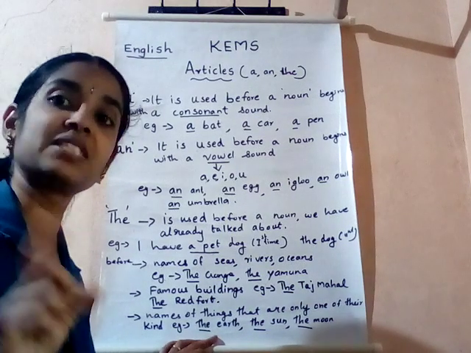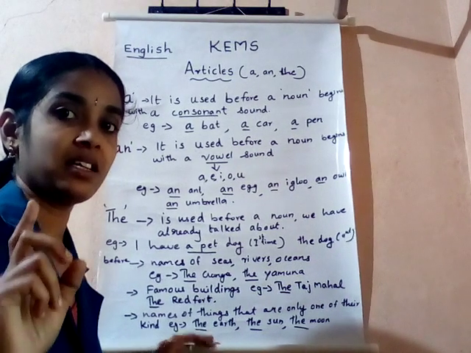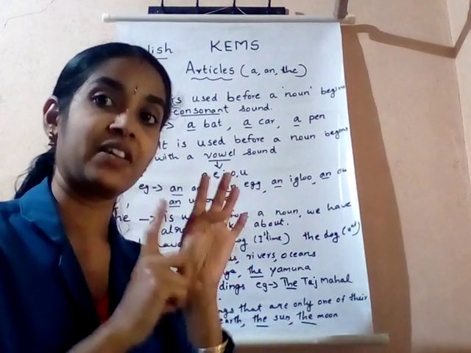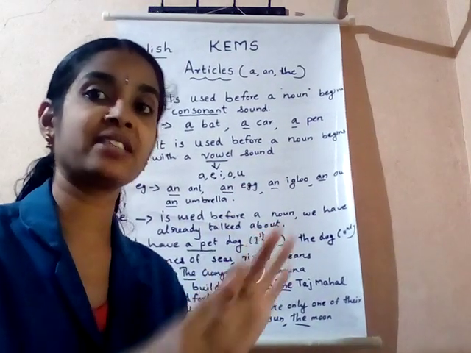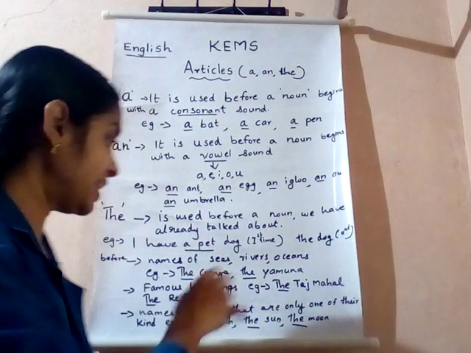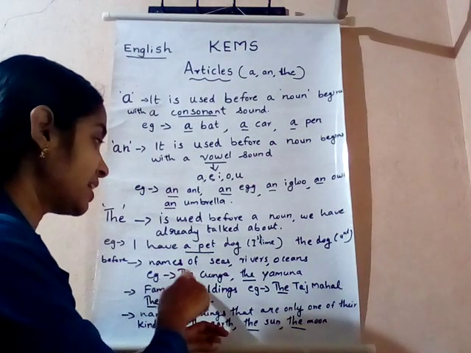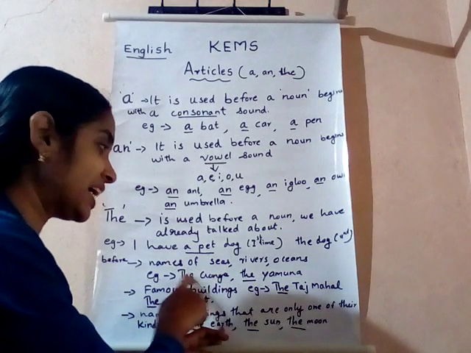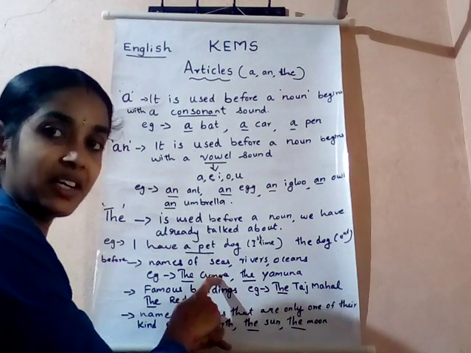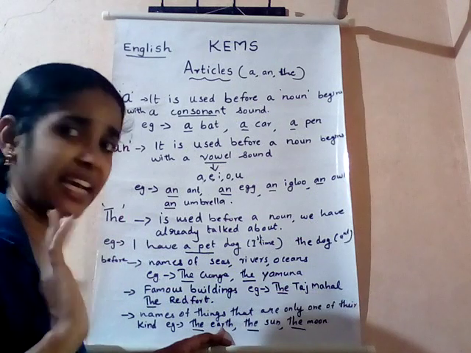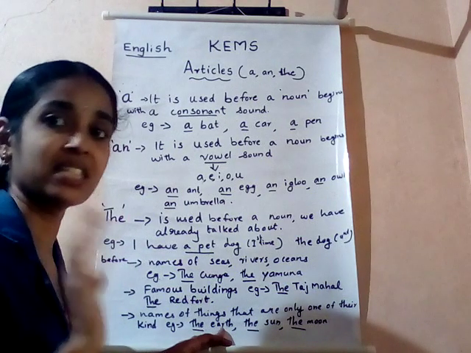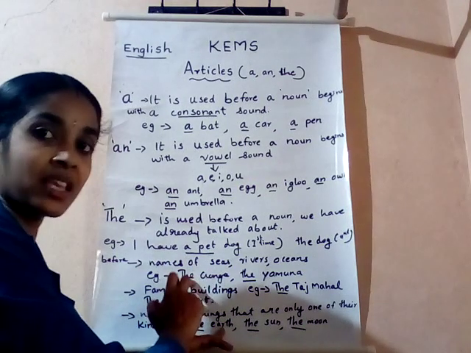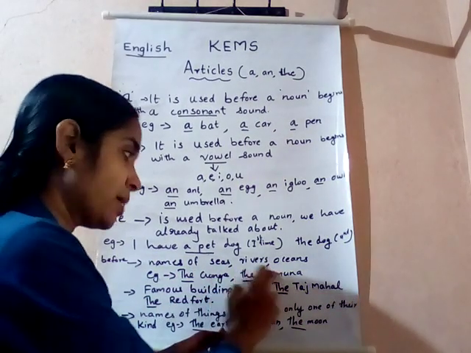Okay, "the" is used before the name of a river, ocean, or sea. Let's check some examples. The Ganga. Ganga is a river, so the Ganga river. We say the Ganga river, not a Ganga river. The correct article is the Ganga, the Yamuna.